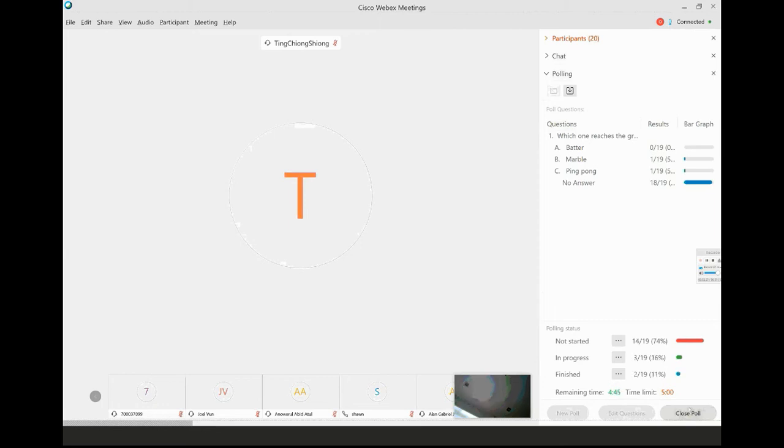Which one will reach the bottom first? Oh, I should add an option: all will reach at the same time.